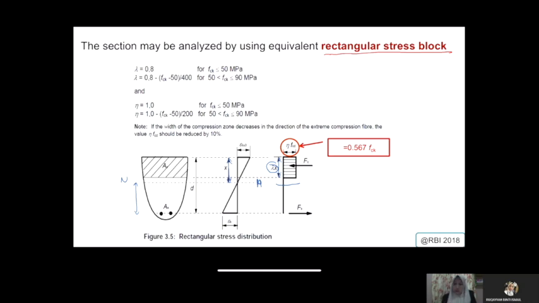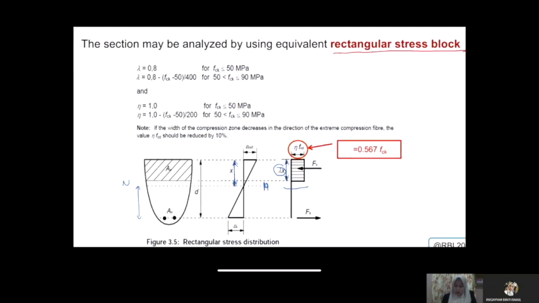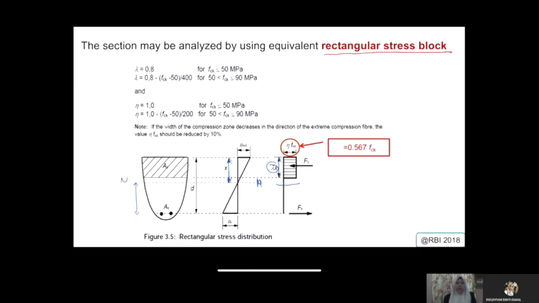So how do we know how much shorter it is? In terms of the height, we have to multiply with lambda. That is lambda, which is the height of your stress block. For your mu, it is also based on the condition of your concrete strength, whether it is lesser or equal to 50 MPa or bigger than 50 MPa.